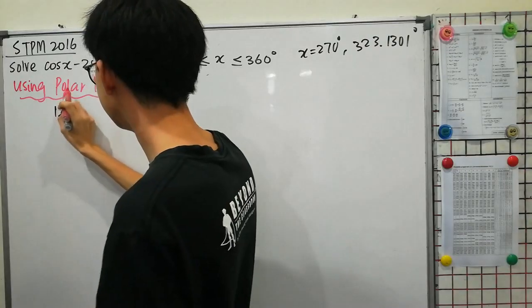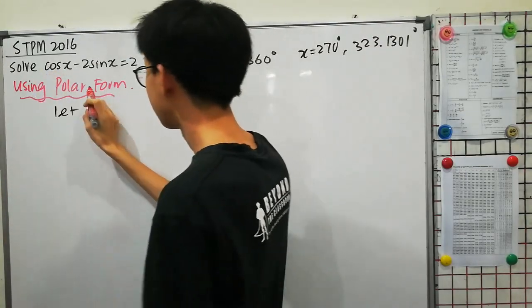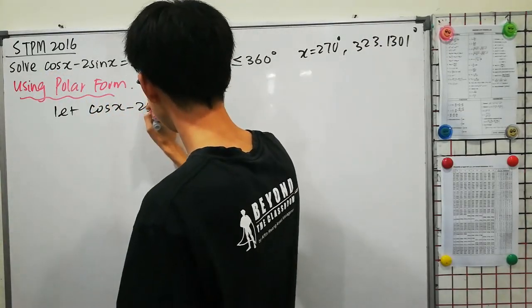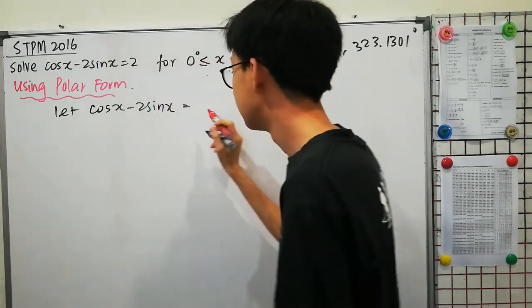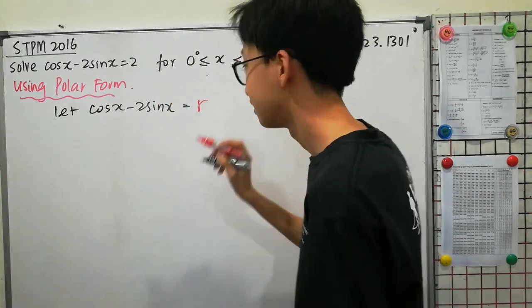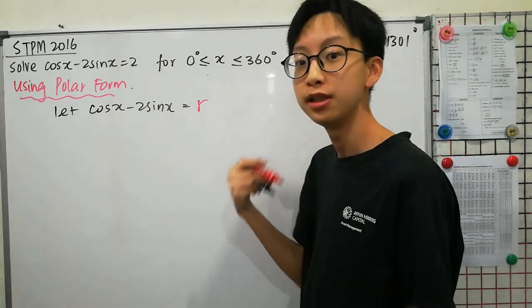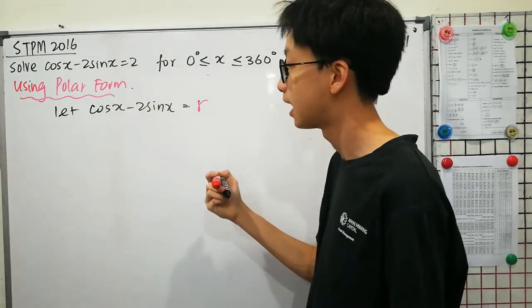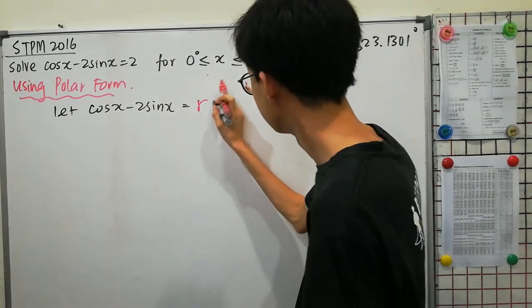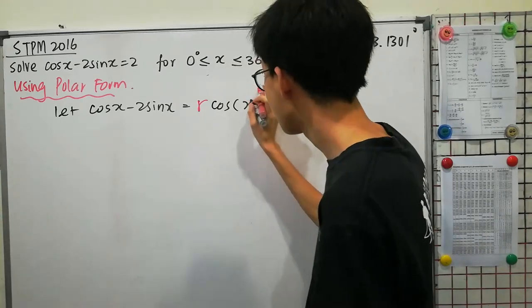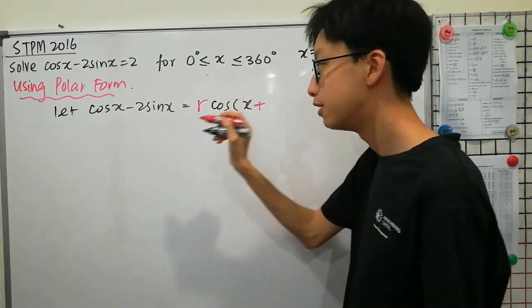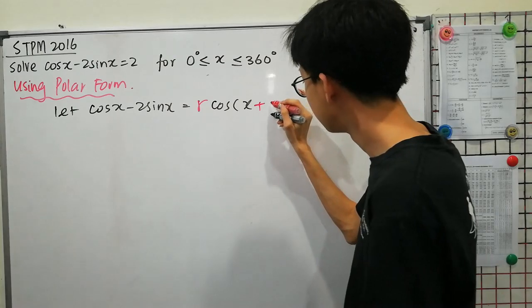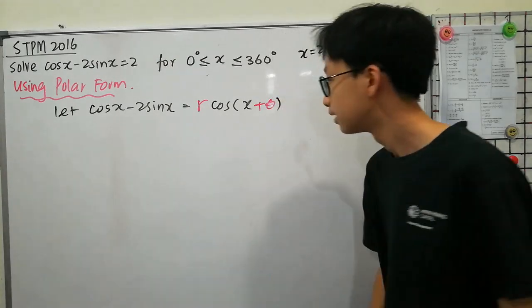First, we will let the left hand side, which is this cos x minus 2 sin x, be a constant r times, just now we did it in terms of sin x, so maybe this time I do it in terms of cos x. Okay, cos x plus with some angle, let me call it theta.